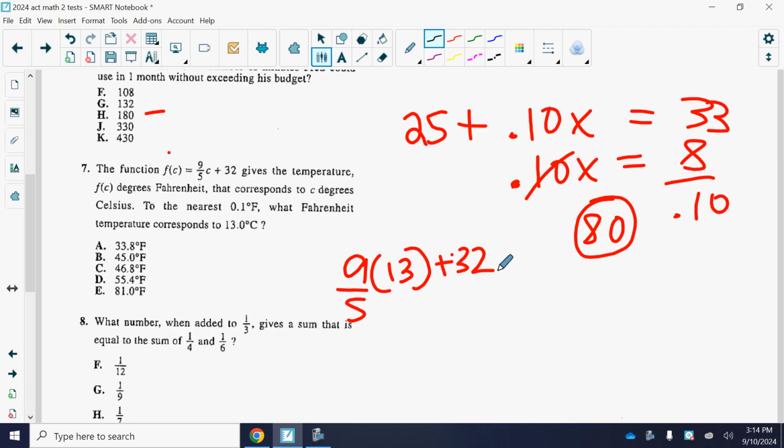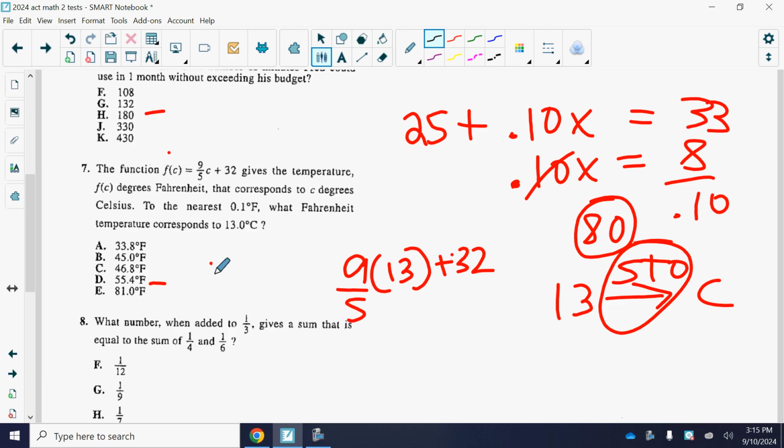You could have done 13 stow, C. The stow button would have, and then you could have just typed 9/5 C plus 32. So what is that? That's 9/5. I'm using my own calculator now, times 13 plus 32, and I'm getting 55.4. Answer D.